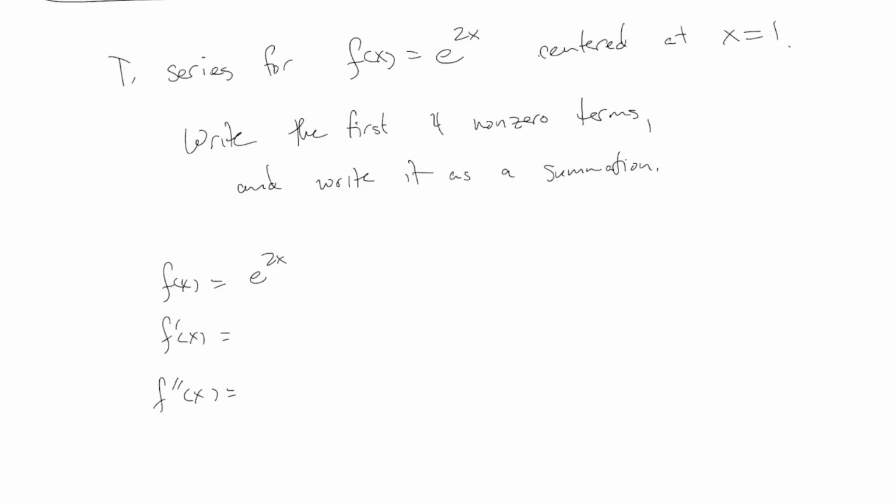You should start with just e to the 2x. That's it. You do the chain rule, which means that it comes towards the end. This one is just that.